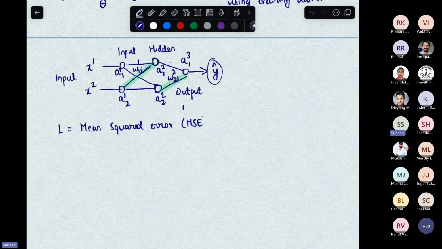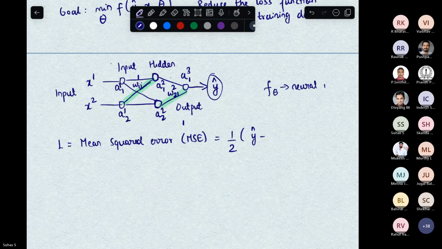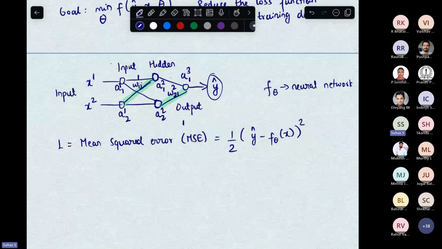It is half of y minus f theta of x, squared, where f theta is the neural network parameterized by theta. This is the mean squared error, and this is what we want to minimize.